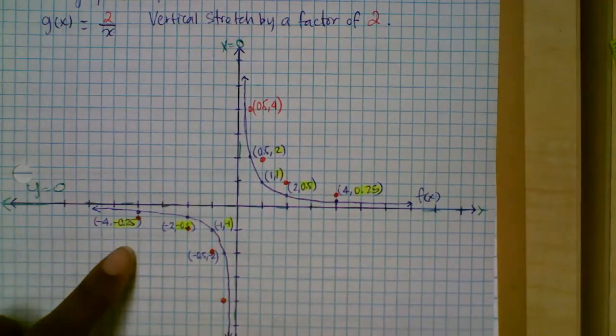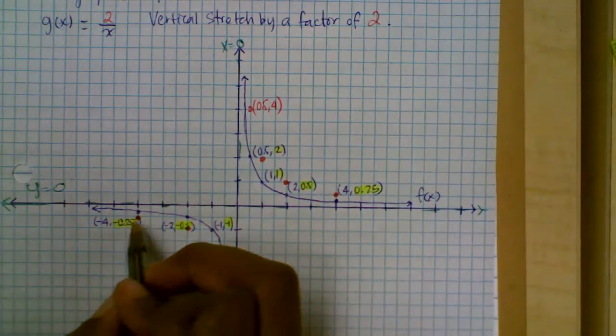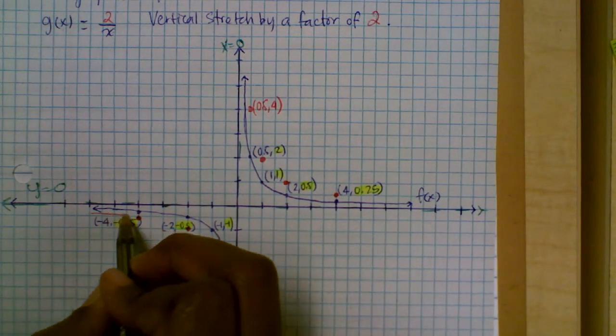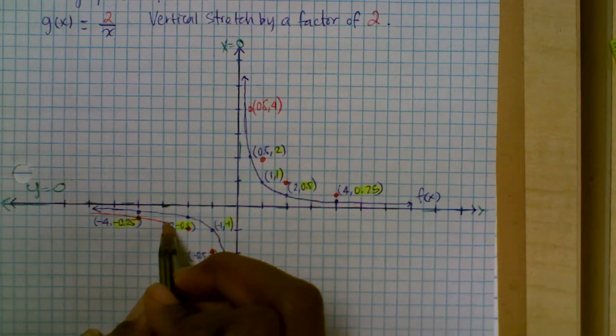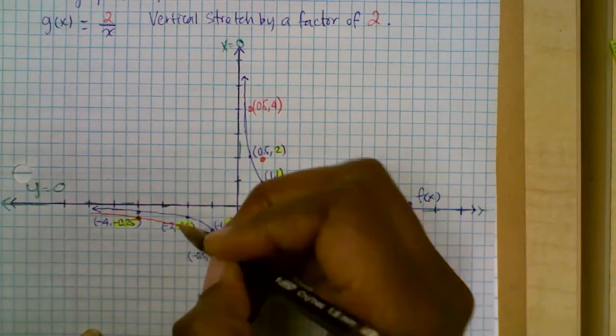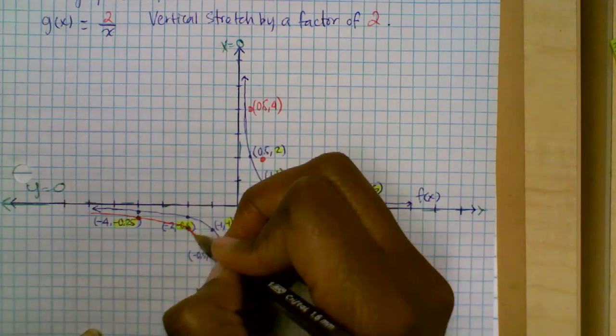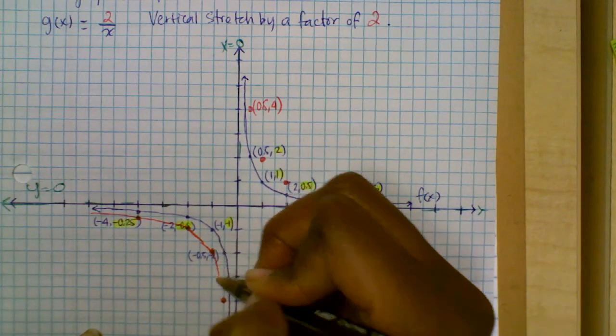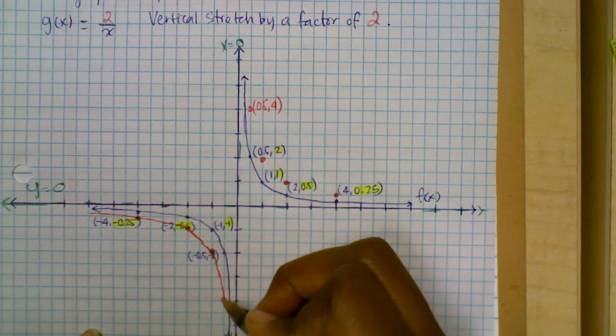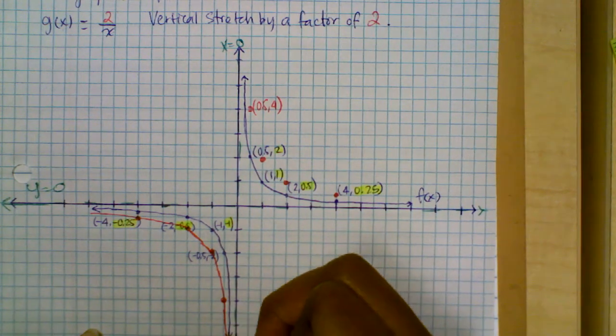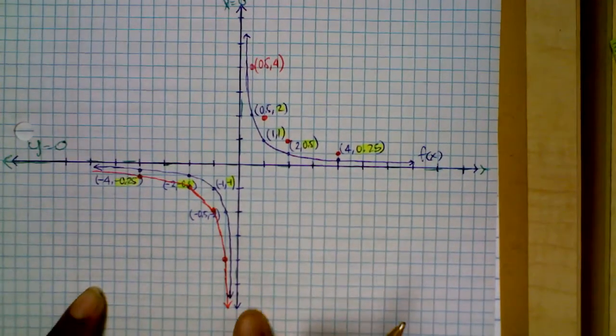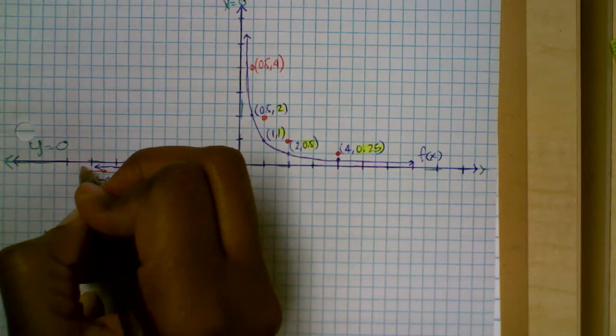So now what you're going to do next is connect the dots and make sure that the hyperbola, the graph of the rational function, is approaching the asymptote but never crossing it over. And make sure you include the arrows at the end, because the line continues to go forever.